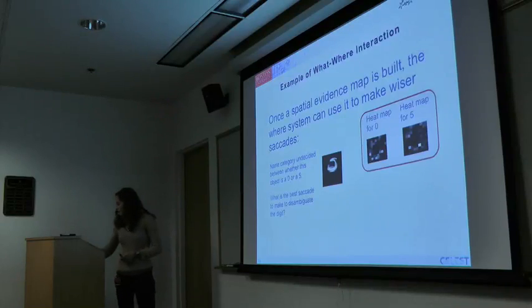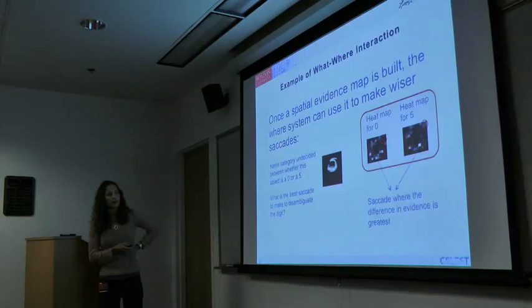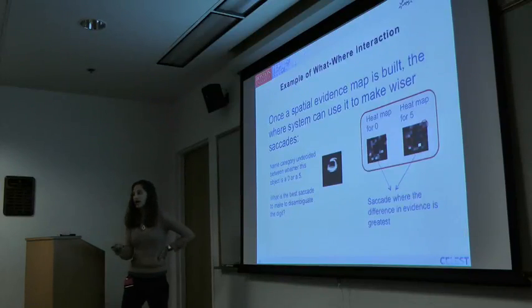In this case, these two locations are going to be very informative saccades, because if it's a 0, there's a lot of evidence here. There's a big evidence difference in this location between the 0 and the 5, and similarly in this location. So this is something that the what system feeds back to the where system.